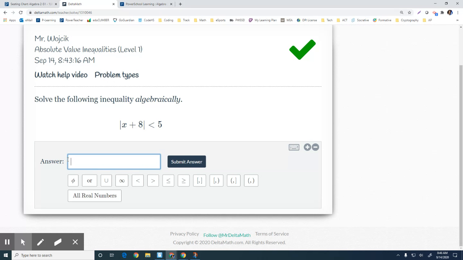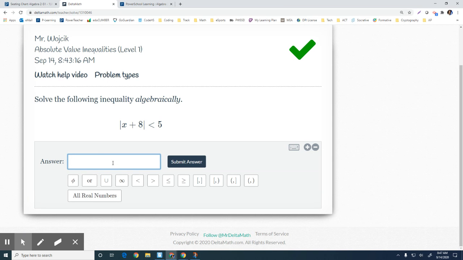Now, if the solution were one of those or situations, with those arrows pointing in opposite directions, I've got two options, which you can see down here. I've got the actual word or, and I also have this union symbol, that capital U. You can type in either one of those, and you'll get the answer correct.